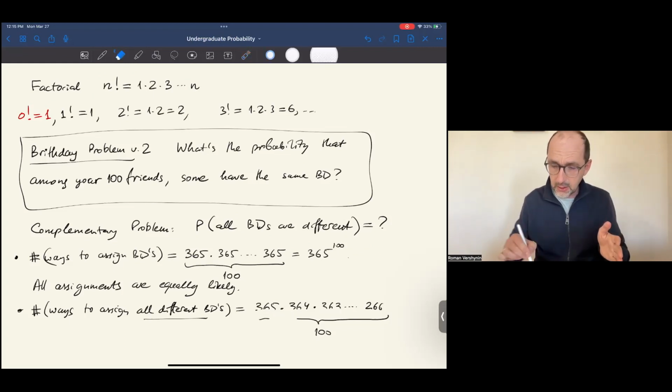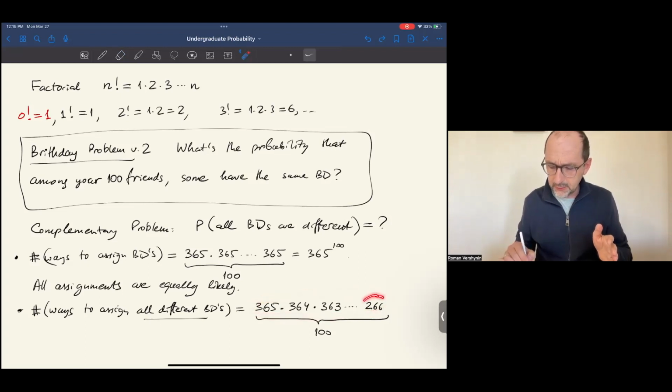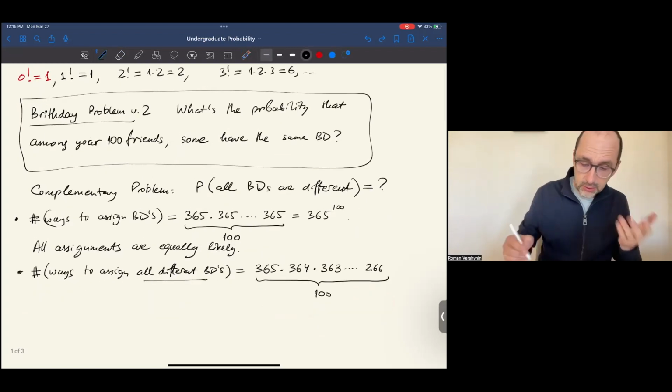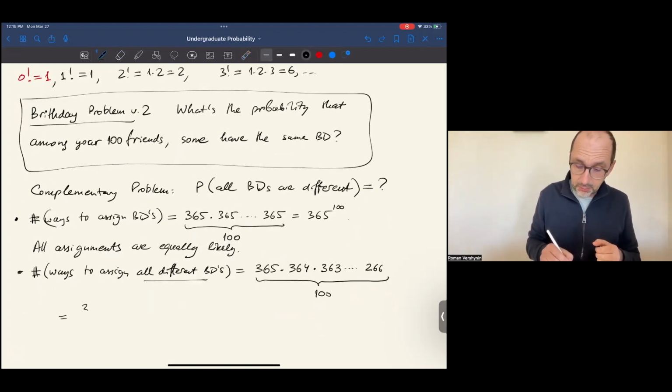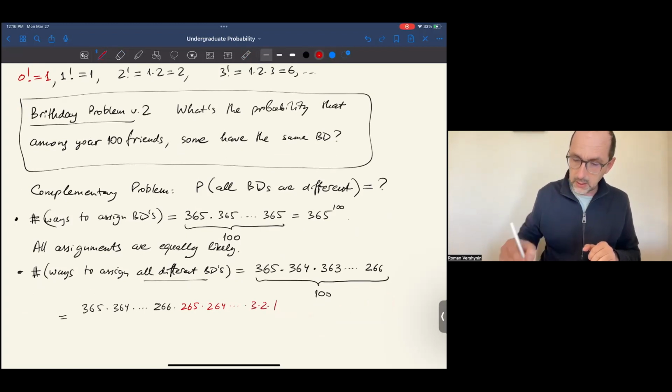Unfortunately, this particular product doesn't stop at 1. It stops short of 1 at 266. So in order to represent it as a factorial, let's pretend that it actually goes down to 1, also going 265. I know this number is non-existent in that product, but just bear with me. Let's pretend we have all these numbers, 3, 2, 1 here.